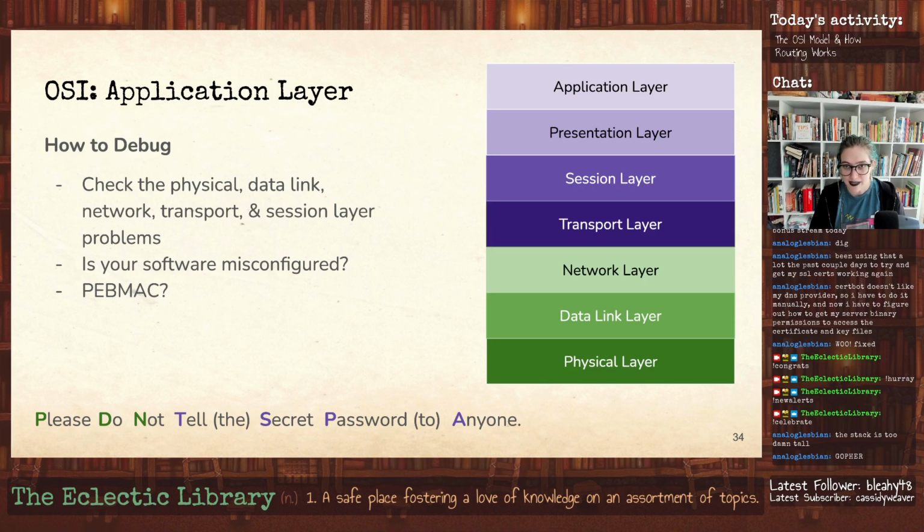To debug the application layer, you're going to check all of the stuff further down on the stack. Make sure your computer's plugged in. Make sure your network is connected. Make sure that you have the right permissions. All that fun stuff. Then you're going to check, hey, is my software application misconfigured? Is it actually set to use the right things? Does it actually know where to look on my computer to use things?